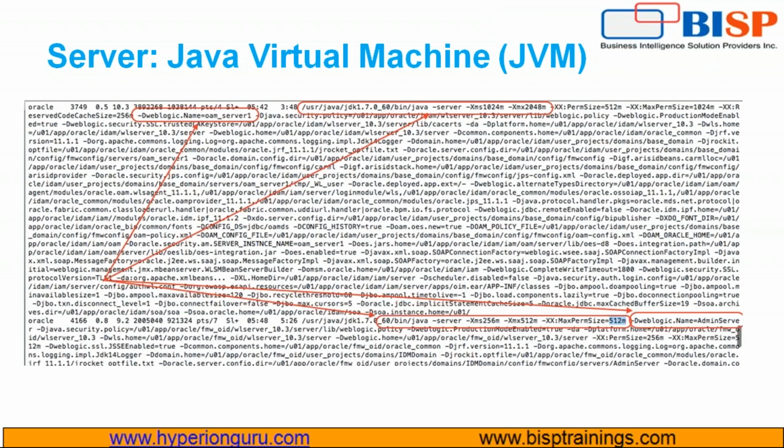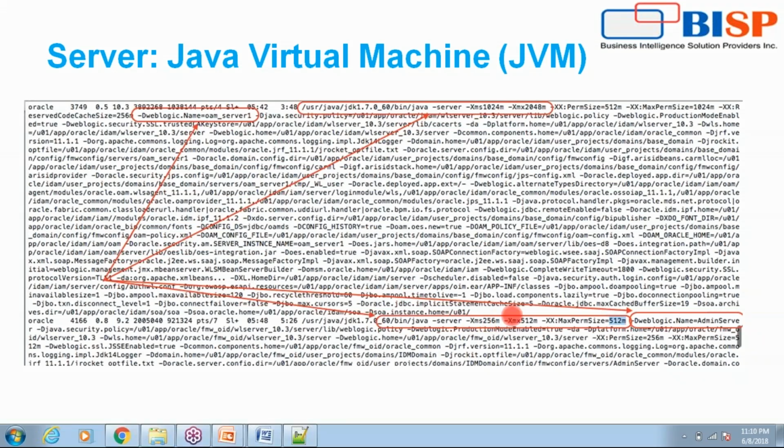A JVM has a list of parameters where you do your optimizations and everything. So this is how typically your Java virtual machine looks. In this screen, you can see this is for OEM server 1. It will have details for the server name as well. And this is for your admin server. When you don't make any changes to the system, this is what it creates by default. You can also change it if required based on your needs.